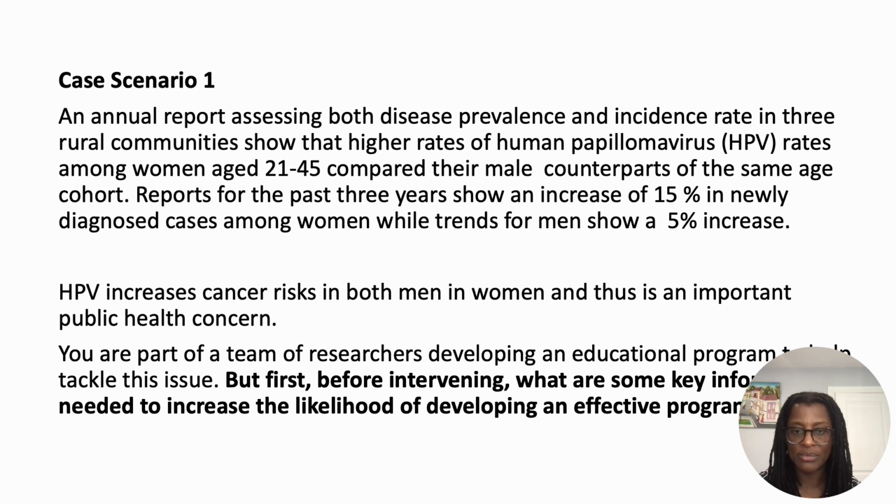Anything that comes to your mind is likely a good idea, right? Before we intervene, what would we need to do? What would this look like in terms of making sure we get information that is crucial for developing a program that the target population will actually use?